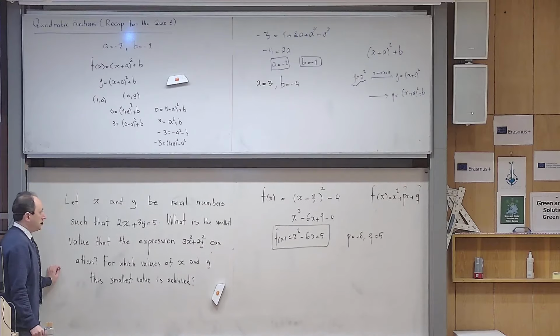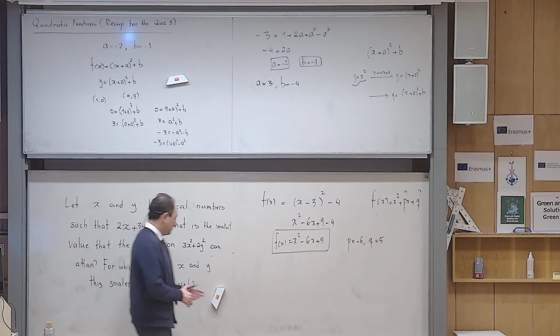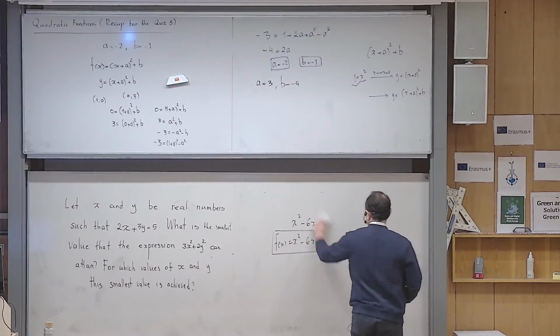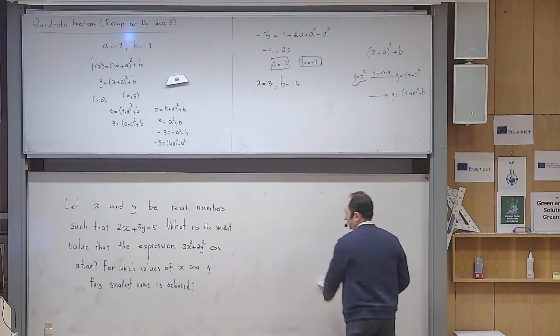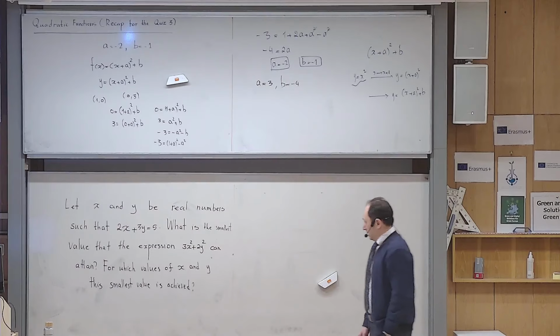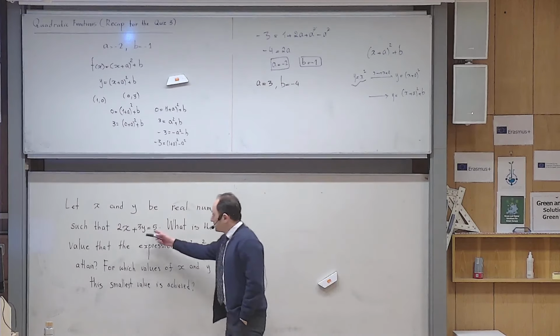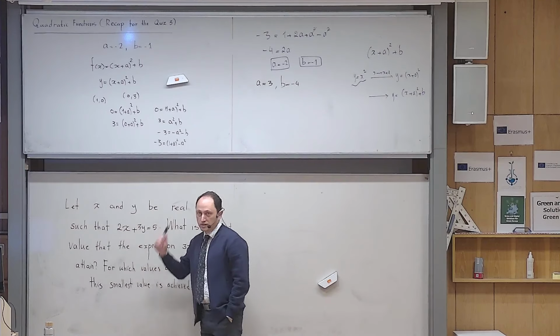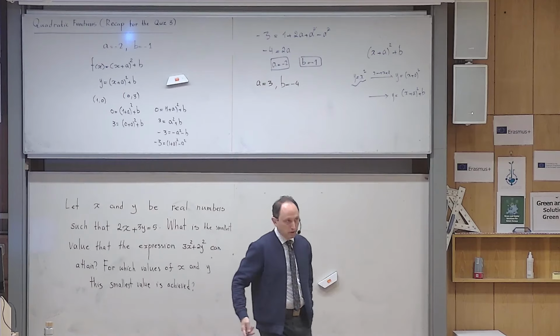Okay, let me explain this question, and I will give you more examples of this type today. But let me try to explain this for you. So here, what does this mean? How many numbers x and y can I find that fit this equation? Infinitely many.